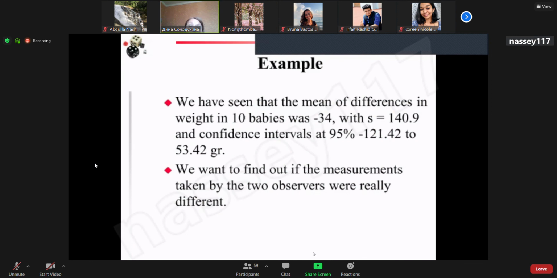For example, we have seen that the average difference in weight in 10 babies was minus 34, with standard deviation 140.9 and confidence interval at 95% level from minus 21.42 to 53.42 grams. So we want to find out if the measurements taken by two observers were really different, or maybe this difference is just due to chance.